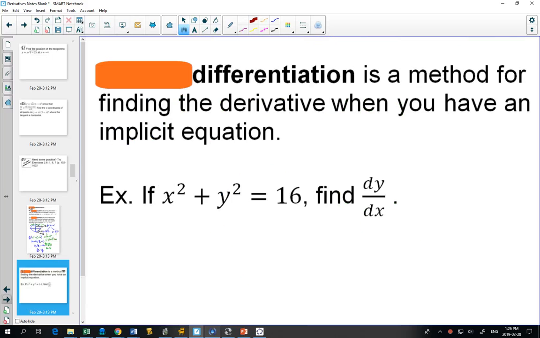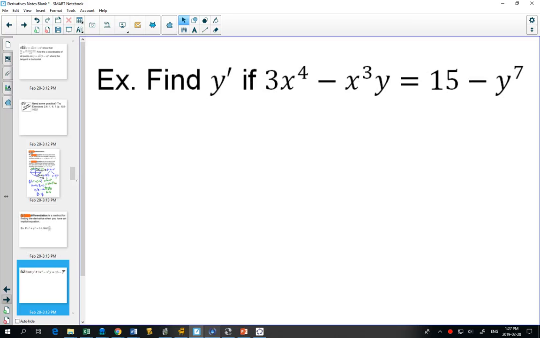So when we go to this example, this one, as much as you would like to try, is next to impossible to get the y by itself, because there's a y here, and there's a y to the 7 over here. So to make things simple for implicit differentiation, we take the derivative of the whole thing.